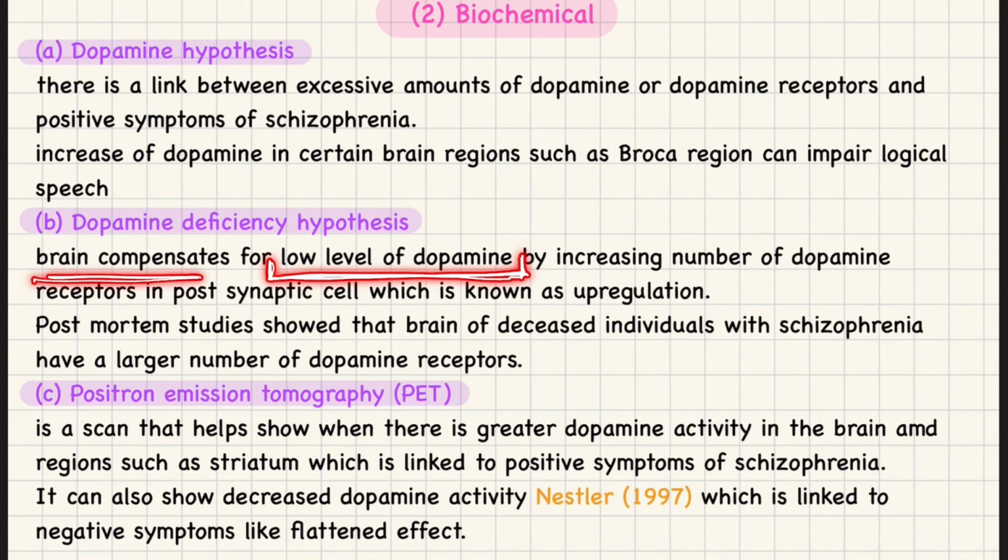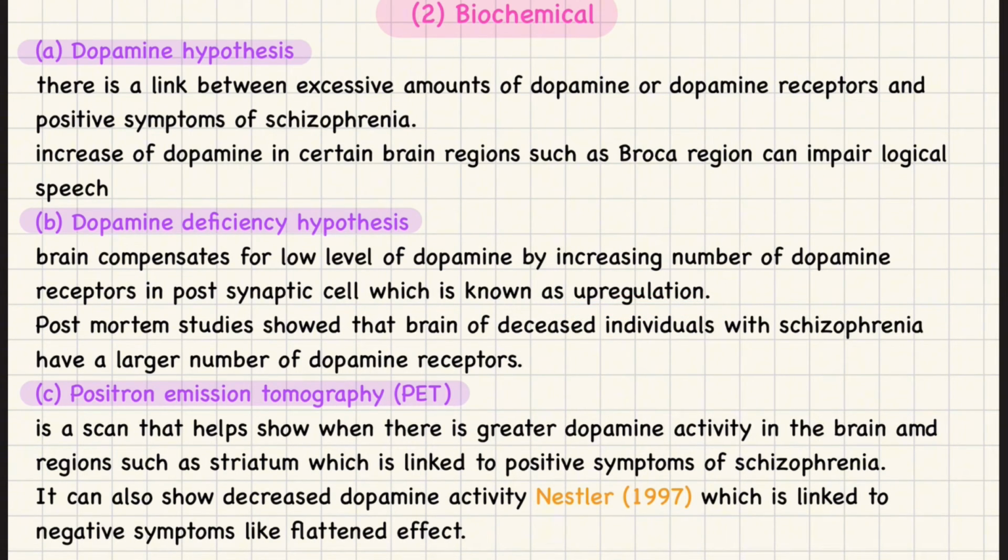How does the brain compensate? It increases the number of dopamine receptors. Because of the low level of dopamine, the brain increases dopamine receptors in the postsynaptic cell, and this is known as upregulation. Now, this increase in dopamine receptors is linked to schizophrenia.